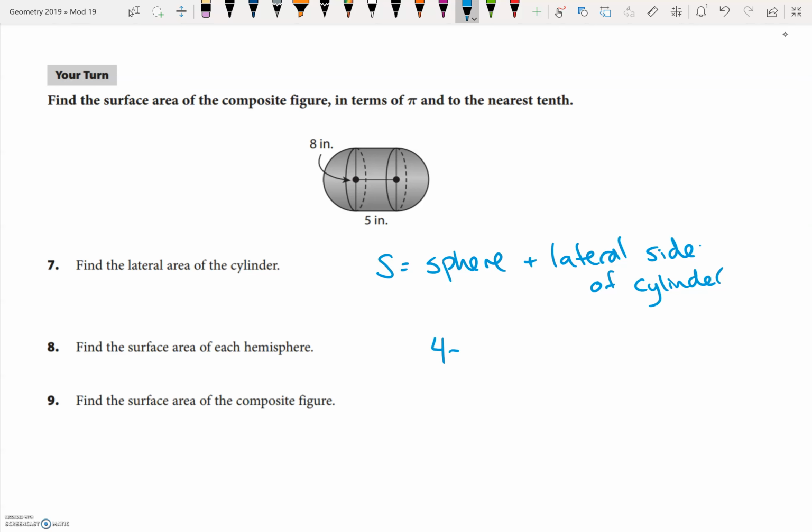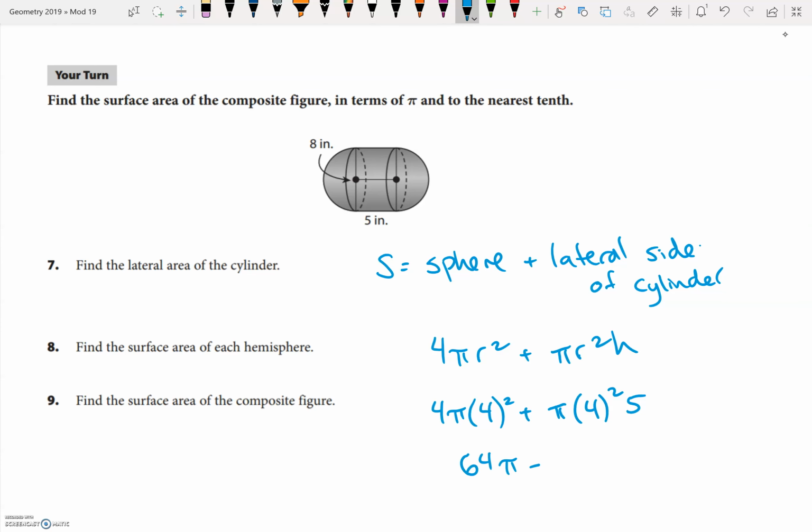So a sphere is 4 pi r squared. The lateral face is pi r squared times height. So our radius looks like 4. So 4 pi 4 squared. And our height is 5.